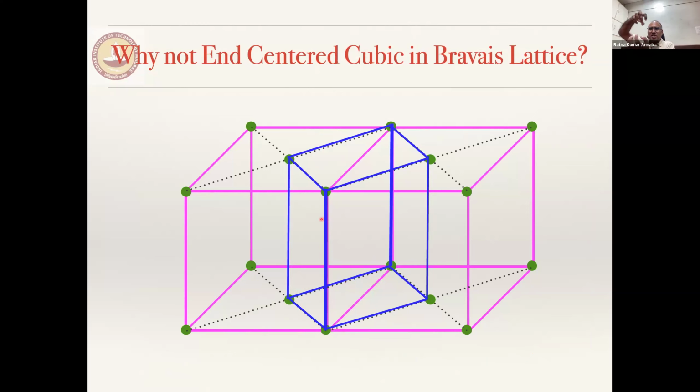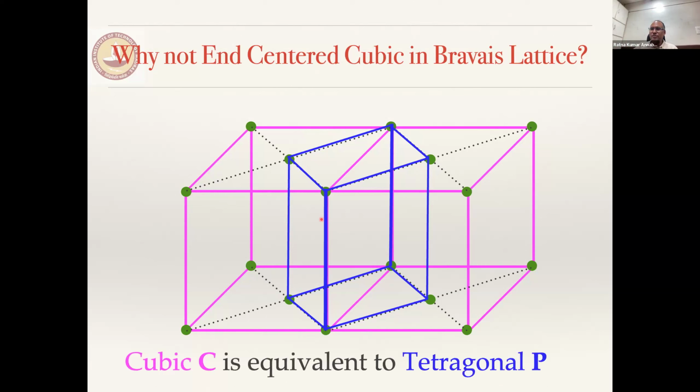If you take a cubic crystal and pull it in one direction, that becomes tetragonal. The moment you pull it in one direction, you are actually disturbing the symmetry in one direction, right? If you take a cubic crystal and rotate it about any one of the axes, all 90 degrees will give you the same lattice points. Imagine a tetragonal one, that will not give the same level of symmetry.